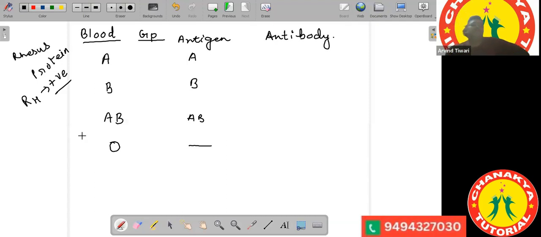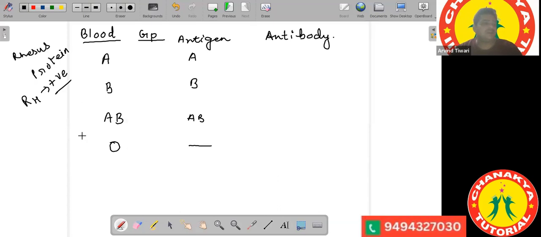Antibodies are the proteins which help in fighting infectious organisms or foreign bodies which enter our body.